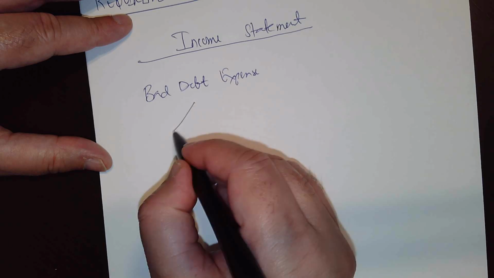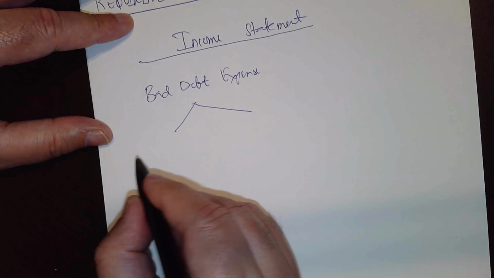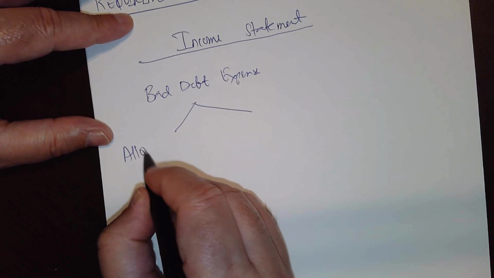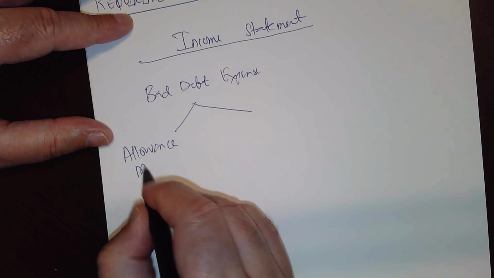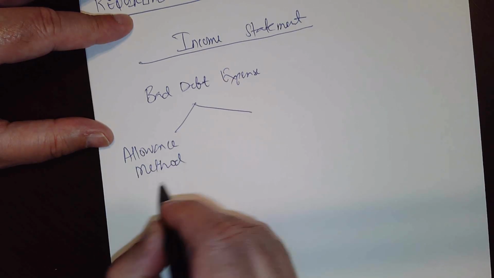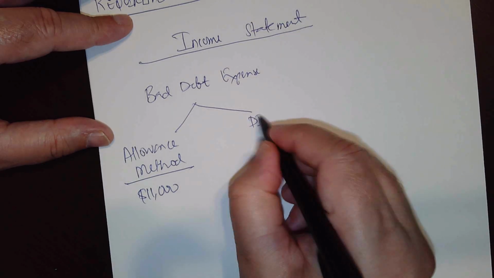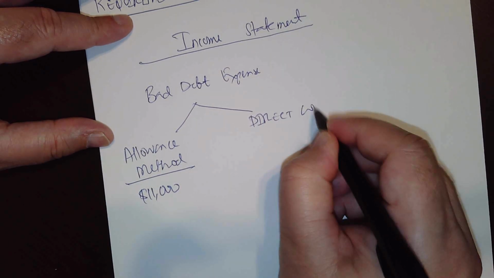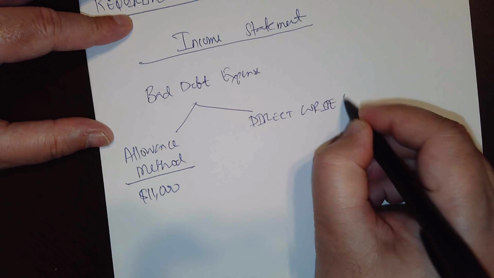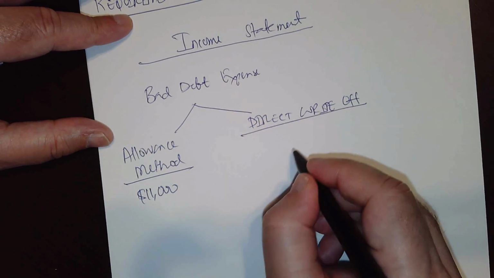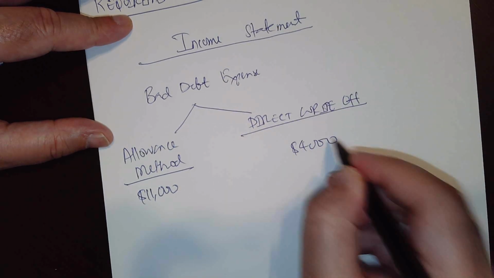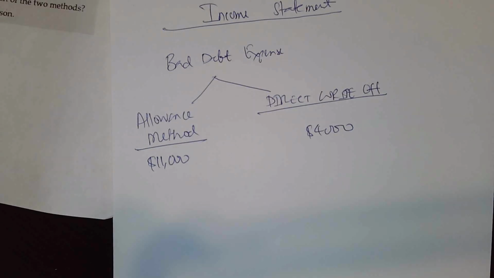Under the allowance method it will be $11,000 that we have calculated, and under the direct write-off method we're going to use $4,000. Now which one is the best?